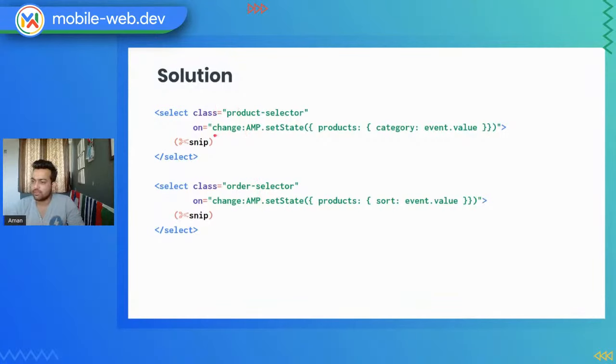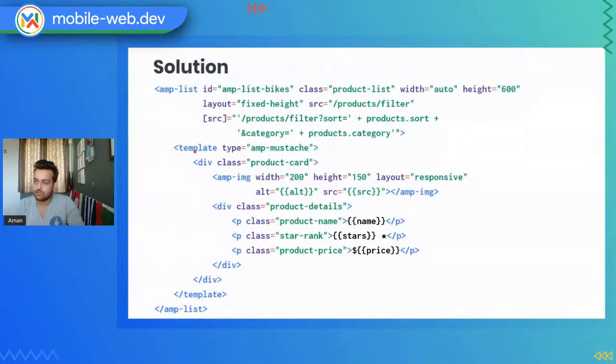What we are doing in this is changing the state of amp-state to the product that we are clicking on. Category should be event.value, so whatever value of the event is reflected from the select, it will be getting back. I think the snippet code should also be available.